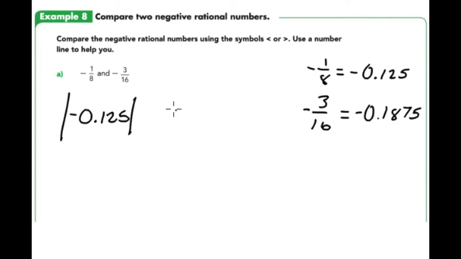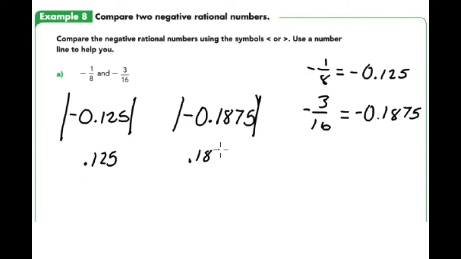Now to compare these two numbers, we're actually just going to compare the absolute values to start. So step 1 will be to compare the absolute values. The absolute value of a negative 125 thousandths would be 125 thousandths. And the absolute value of a negative 1,875 ten-thousandths would be 1,875 ten-thousandths. The ones match up, so those are even. This 2 is less than the 8.